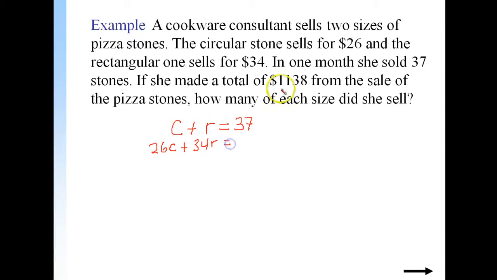And she took in this much money. So again, this one is just the same actually, except we had used different items here, a small and a large drink. Here's circular, rectangular, total numbers of stones sold.